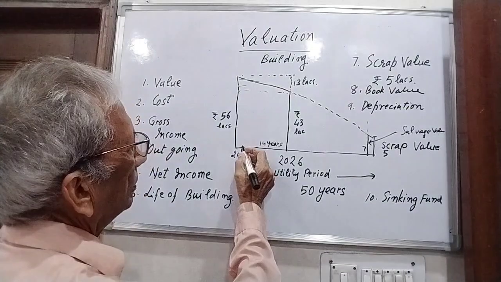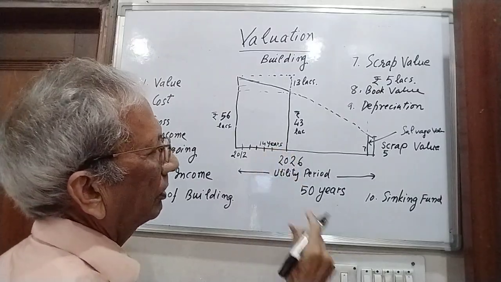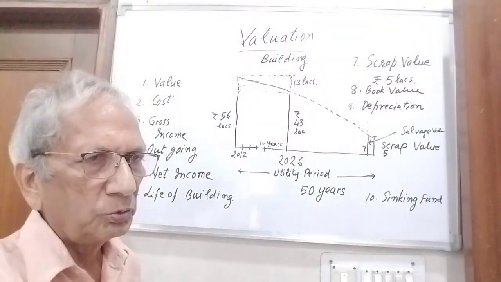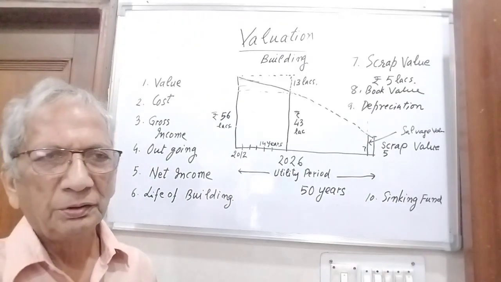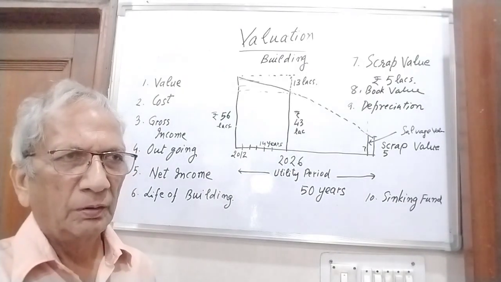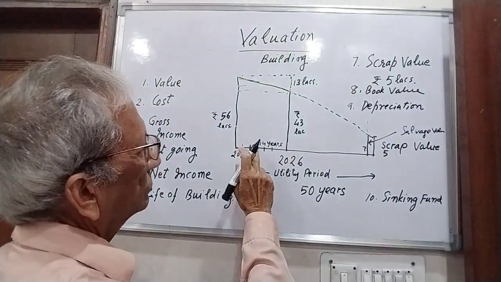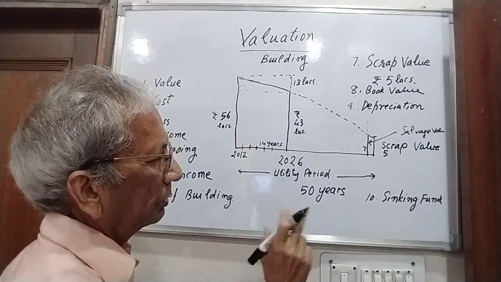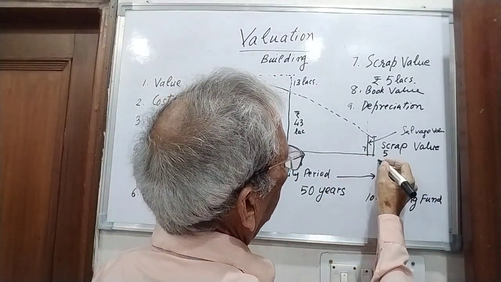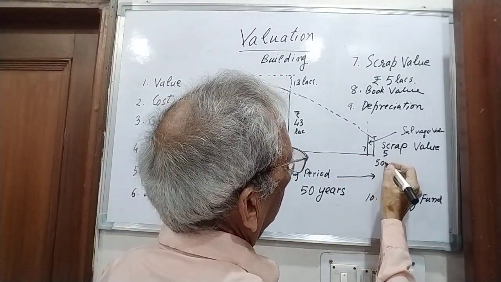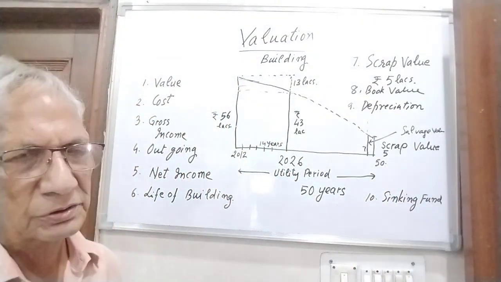Therefore, every year from the gross income, we will take out 1 lakh rupees and keep it separate. Maybe in the bank, we will not touch this amount. Every year we will subtract 1 lakh from the gross income. Therefore, after 50 years, we will get 50 lakhs plus scrap value, 55 lakhs.